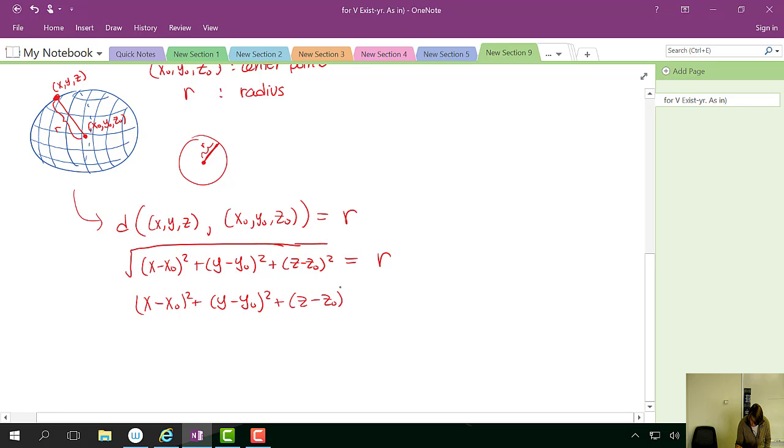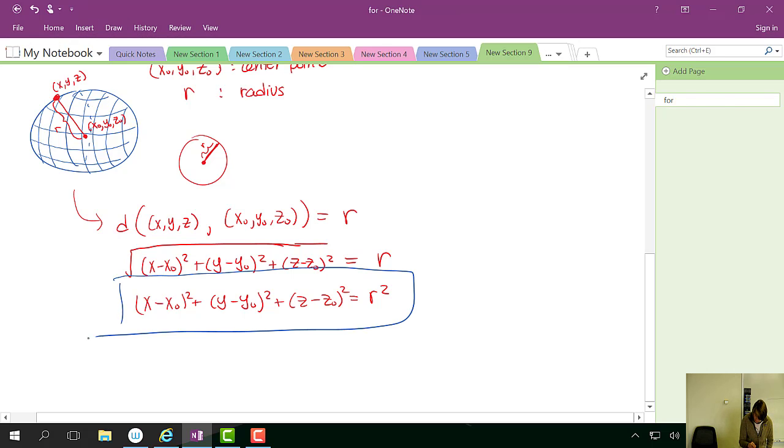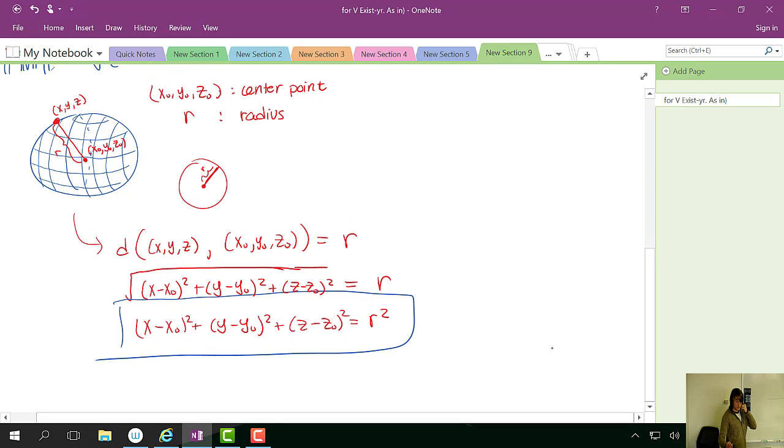And this equation right here is what they mean when they say standard form of a sphere, given this center and that radius. So when in doubt, you can always derive it, but it's essentially just the distance between the center and the point on the surface.